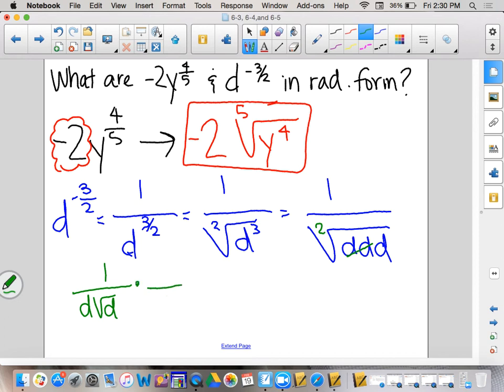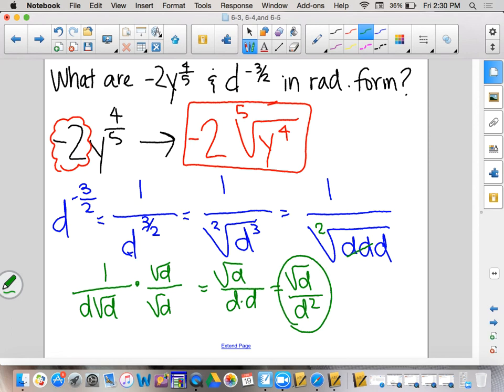So what am I going to multiply by? Square root of d. So I get the square root of d over d times d, because I have a d on the outside, and then the square root of d times the square root of d gives me d. So the square root of d over d squared. Rationalizing the denominator.